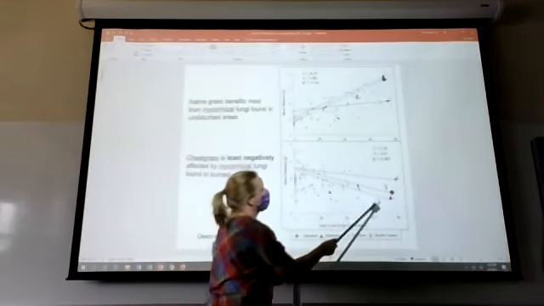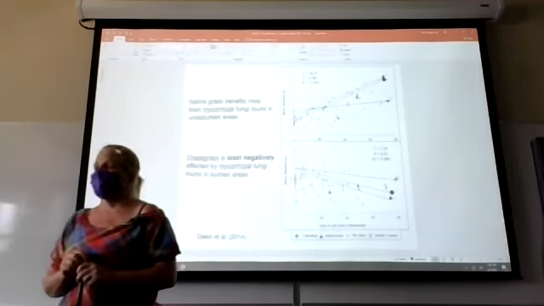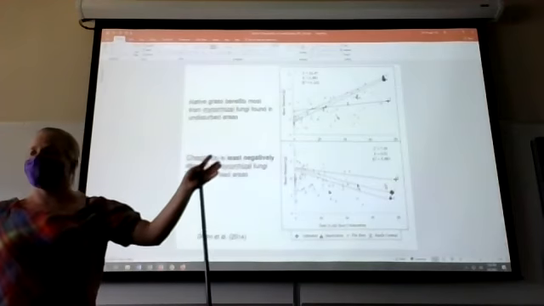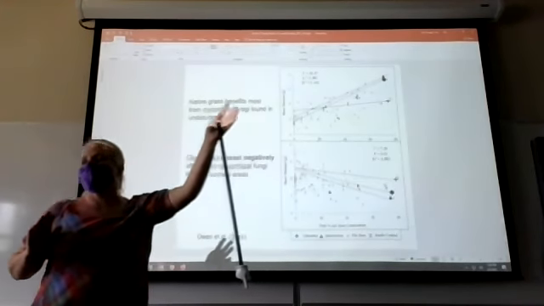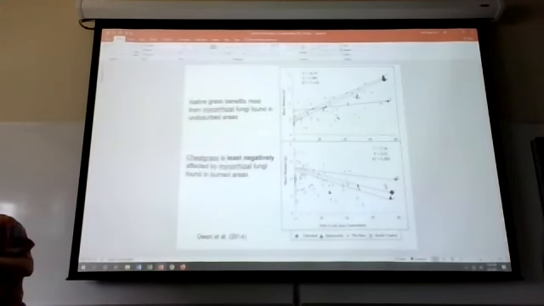And that was especially true in these more natural soils. We saw this total divergence pattern: native grass benefiting more under natural conditions, and the invasive grass being harmed.